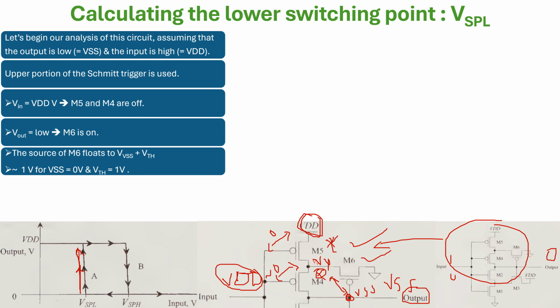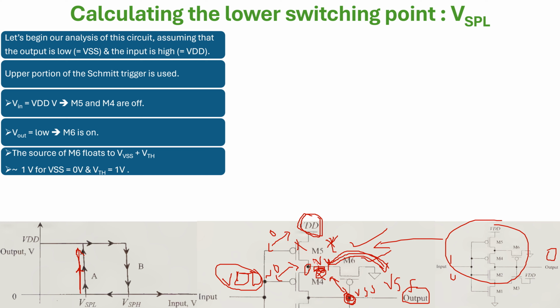The source of M6, to begin with, this is the condition. Then let's analyze what happens after some time. The source of M6 floats. Why? To start with, it was at VDD. Then M6 will start conducting. It was on, and it starts trying to discharge this to the ground and pulling this node down. Anyway, this is off, so it's not pulling up. But we know PMOS doesn't conduct a good zero; it's a bad conductor of logic zero.